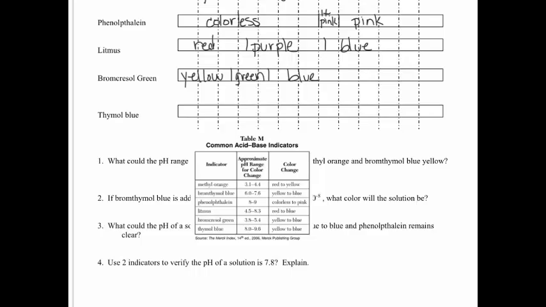And all you guys have on your reference tables is that from 8 to 9.6, it goes from yellow to blue. So again, in between here, it will be green. If you've done the lab on indicators at this point, you'd know that there is actually another color change way down here, but no need to worry about that for the Regents exam since they won't ask you about that.